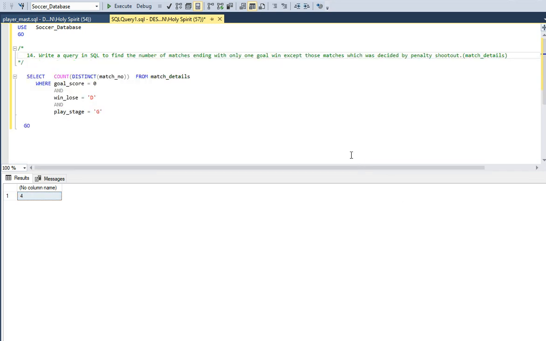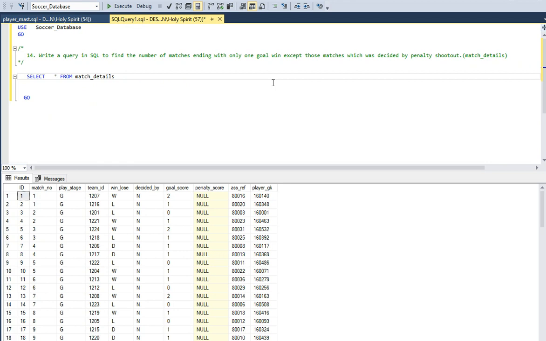Okay, write a query in SQL to find the number of matches ending with only 1 goal when set those matches which was decided by penalty shootout. Match details I have to choose. Again, find the number of matches.